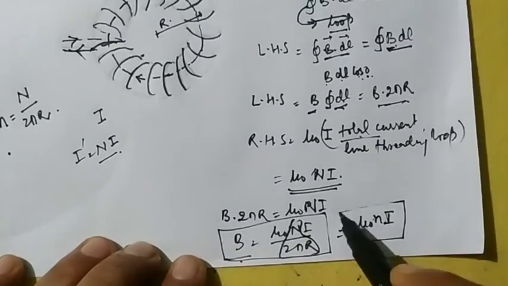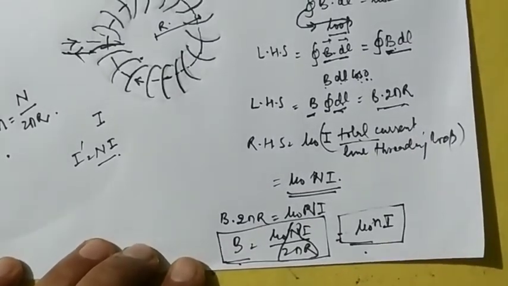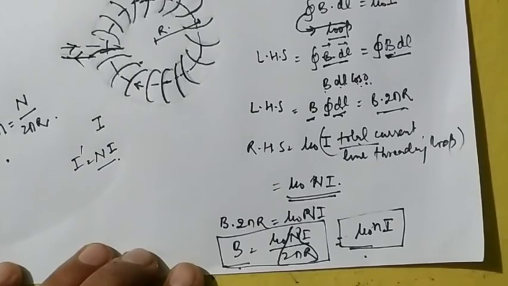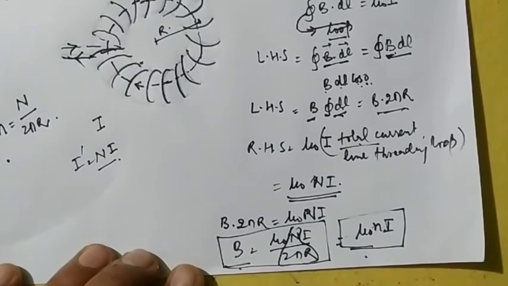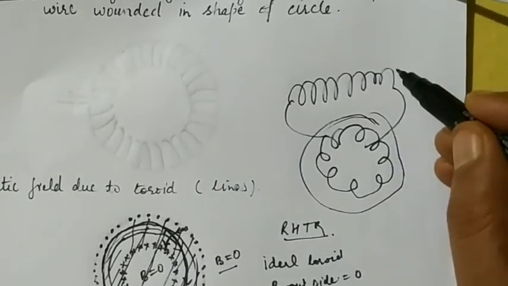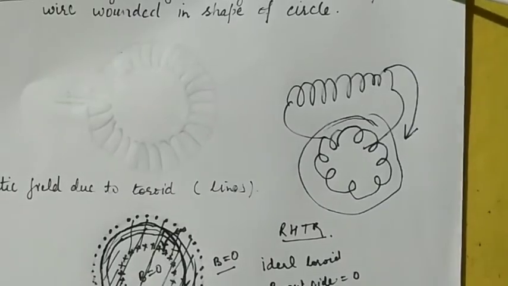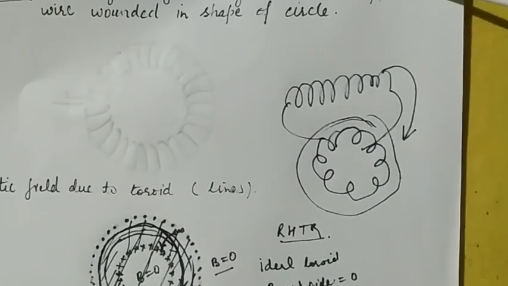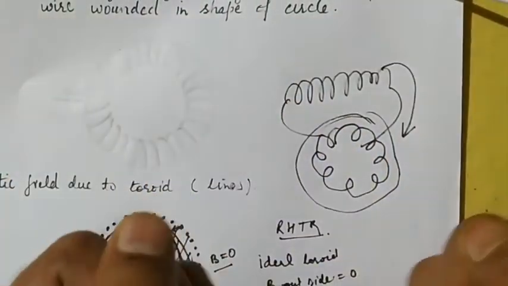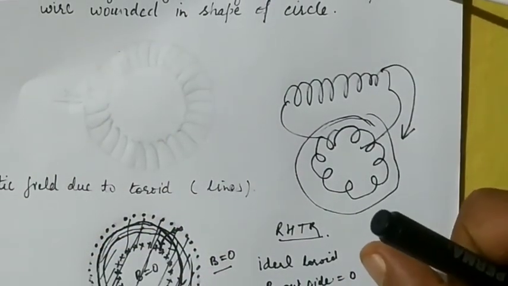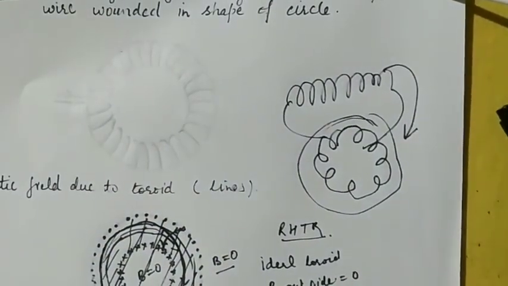So this is the magnetic field inside a toroid, which is similar to the magnetic field of a solenoid. We can also form a toroid from a solenoid, we just have to bend it and make it into a circle. So this is all about the toroid. Thank you.